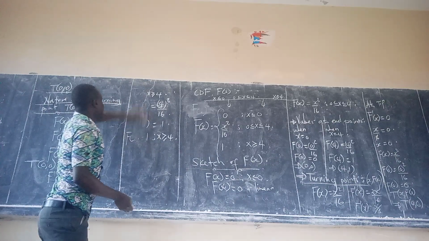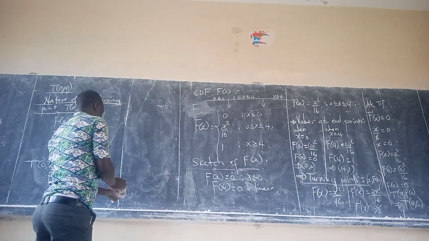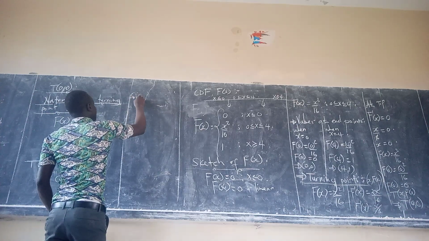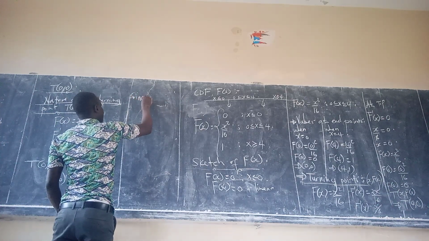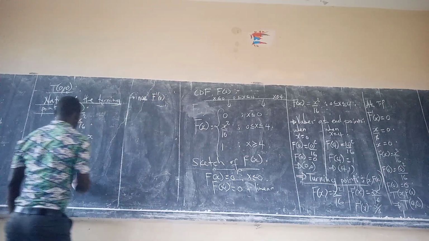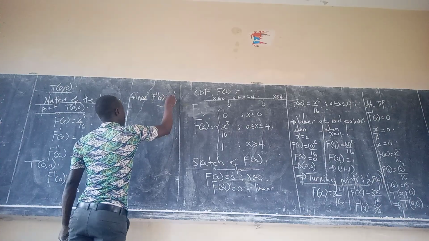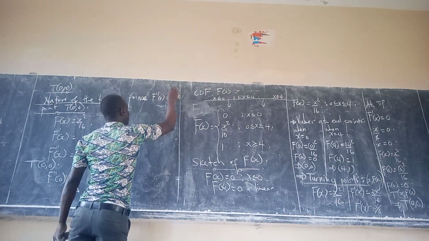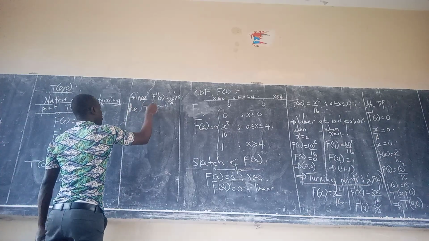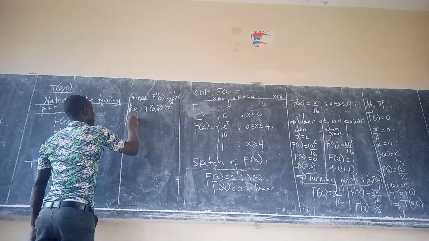So since F double prime of 0, which is 1 over 8, is greater than 0, then our turning point, which is (0, 0), is a minimum.